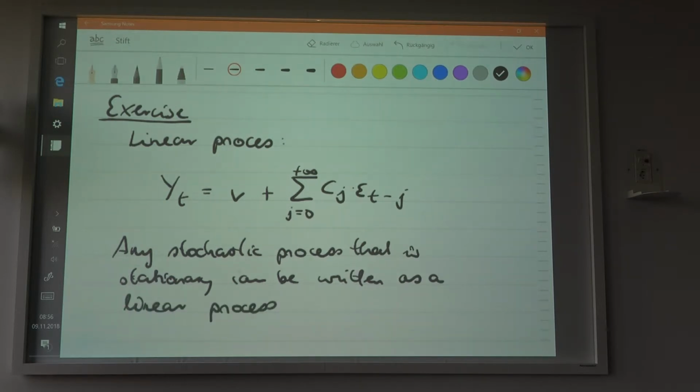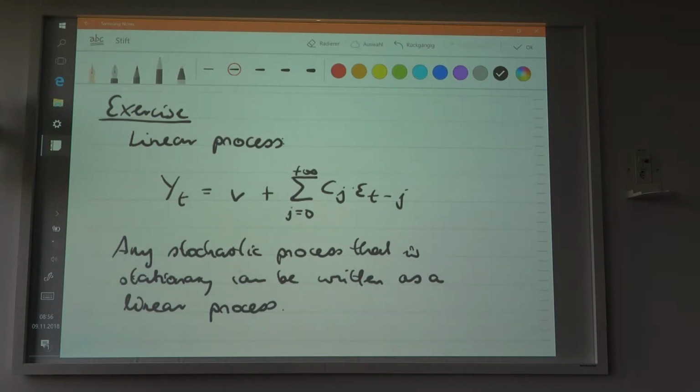So basically, if you examine the properties of the linear process, you would examine a stochastic process which is stationary in general. Sorry, this is missing here, obviously. So that's what linear processes are about.